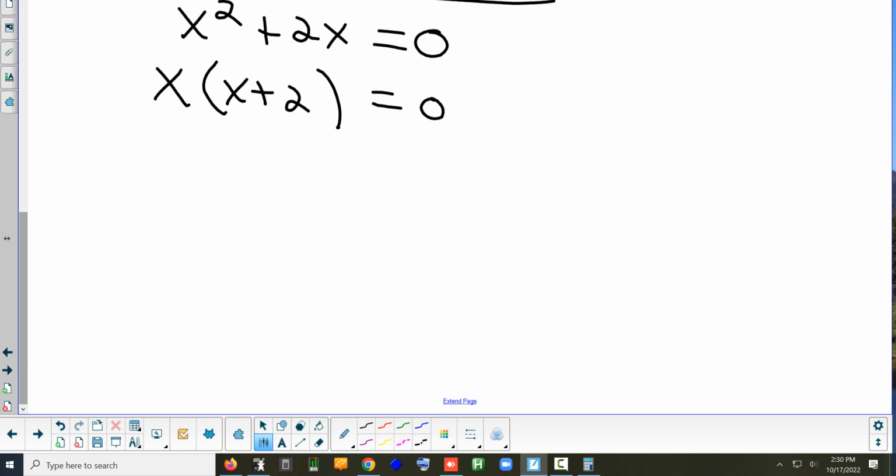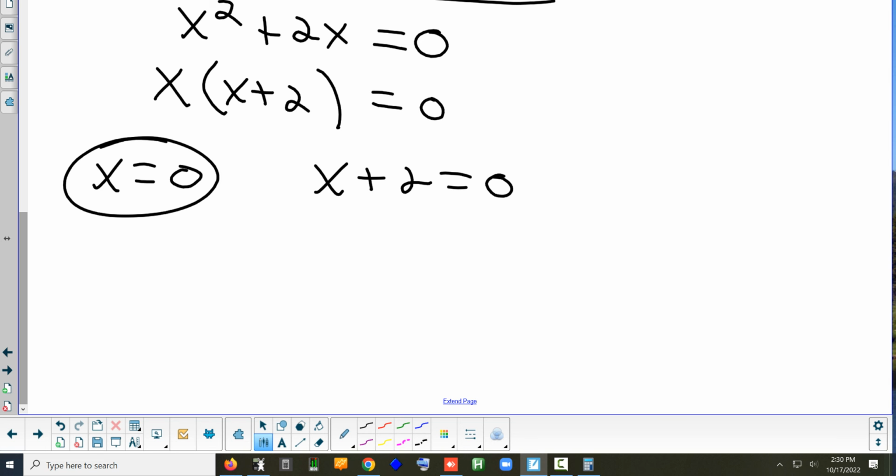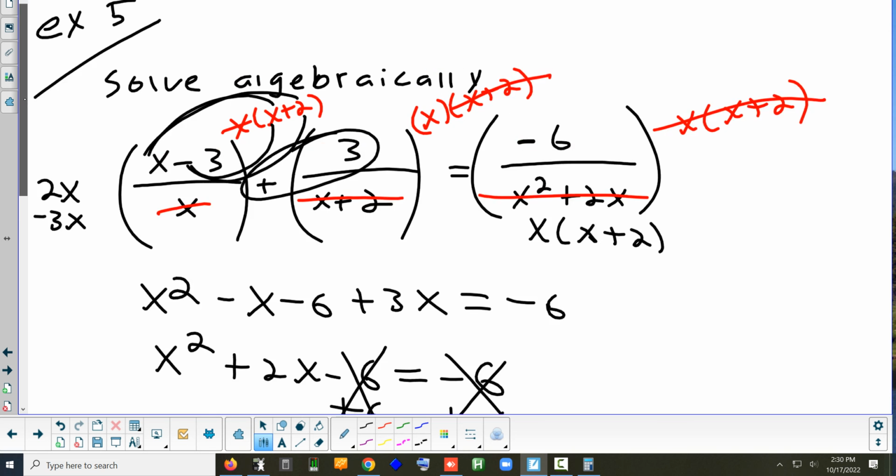Okay, so set both factors equal to 0. Well, when you set the first one equal to 0, there's nothing to solve. Set the second one equal to 0. Negative 2. Good. Those are my 2 possible answers. So go back up and make sure that they don't cause you to divide by 0.